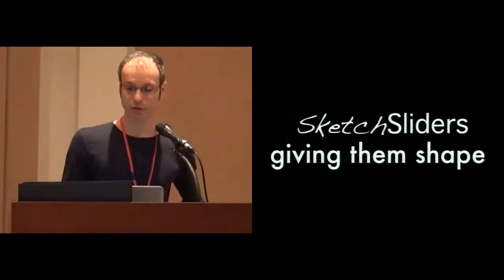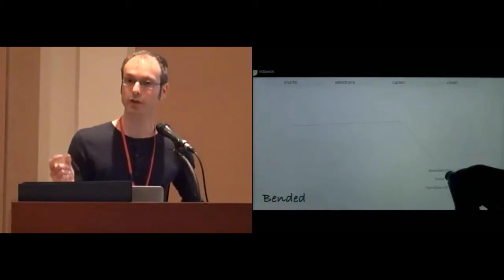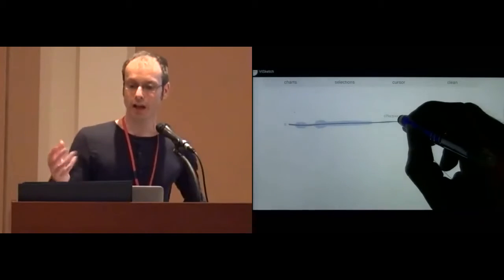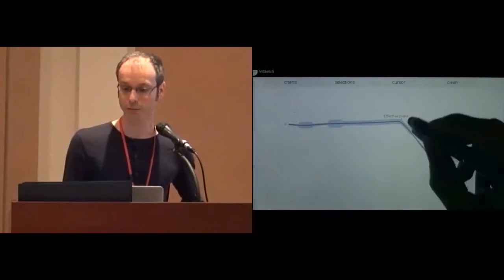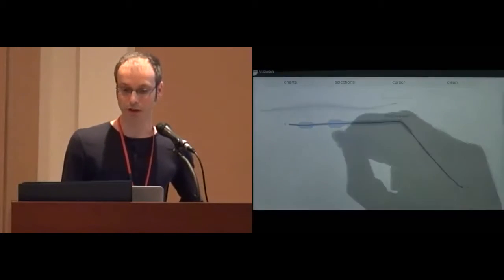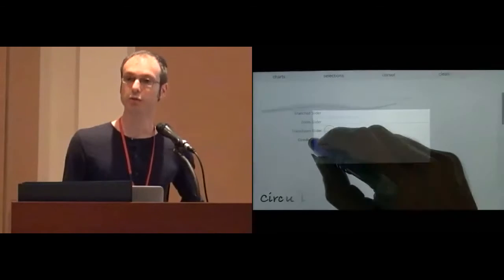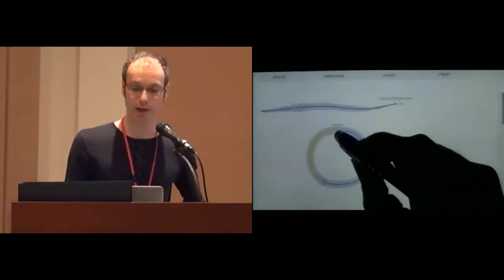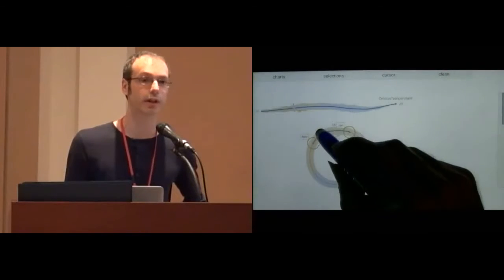As you see here, I draw a bending slider where there is an automatic recognition of the corner. I can refine the value of the corner and then further annotate it with my pen. Then I can draw a circular slider, and I can associate it with a periodic variable, for example, the month of the year. A circular slider is a slider with no ends.